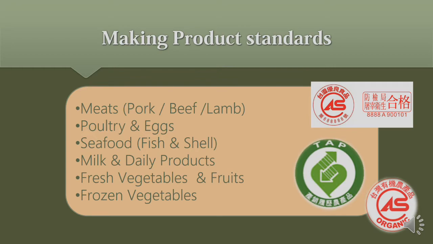The first one is meat, and the second is poultry and eggs, and seafood like fish or shellfish, and milk or dairy products, and fresh fruit and vegetables. Of course, you need to have these marks on. That's the good food.